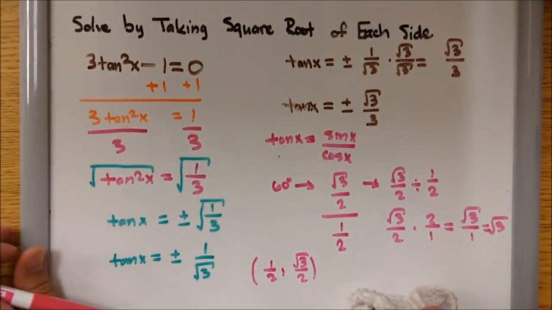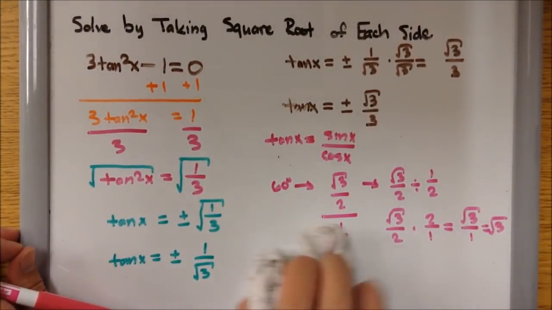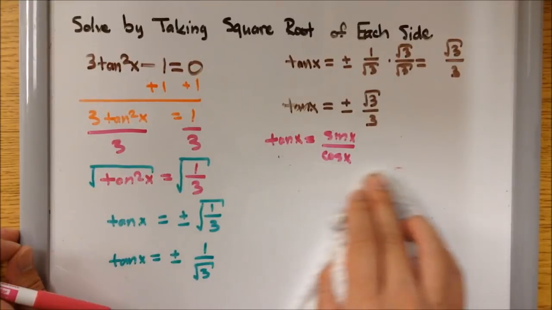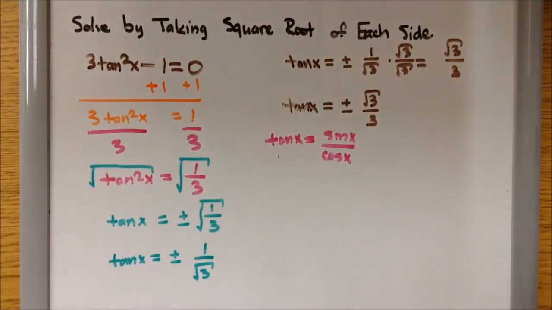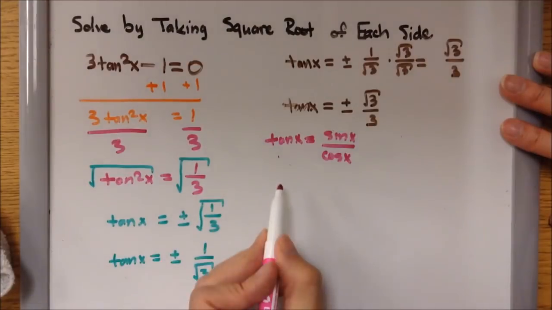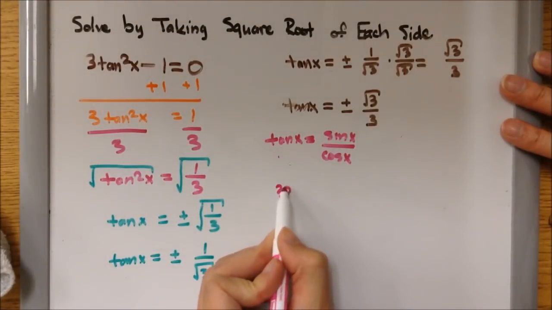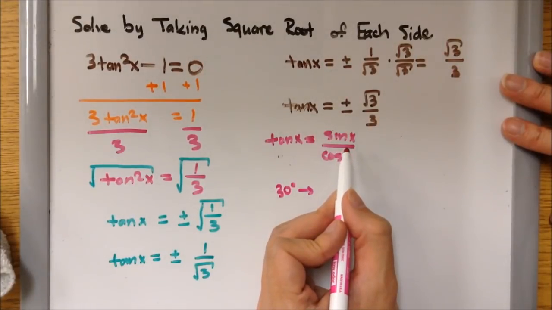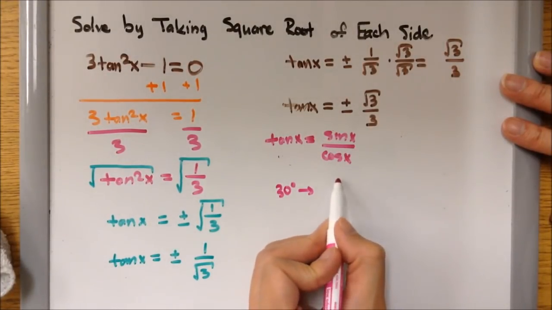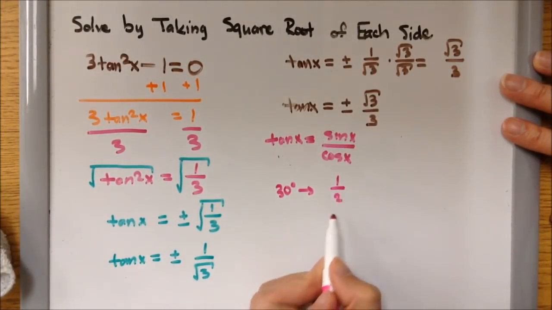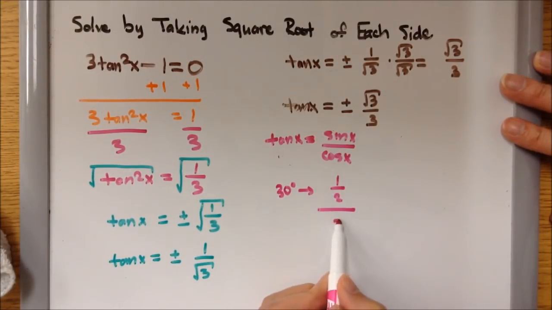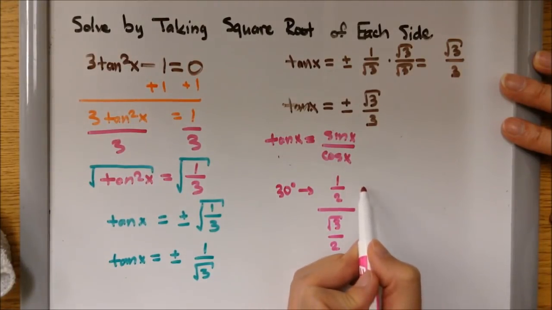But let's see if we could do 30 degrees because it has a square root of 3 in it. So we're going to do 30 degrees. Sine of 30 degrees is 1/2 on the top, and then cosine of 30 degrees is square root of 3 over 2 on the bottom.